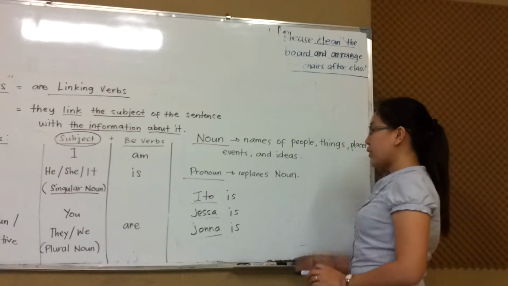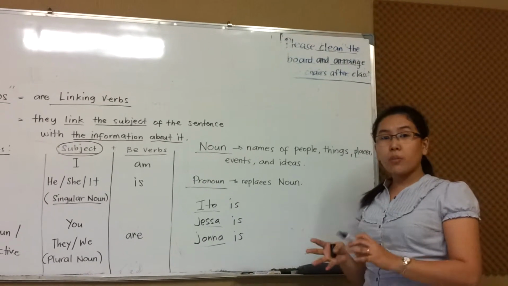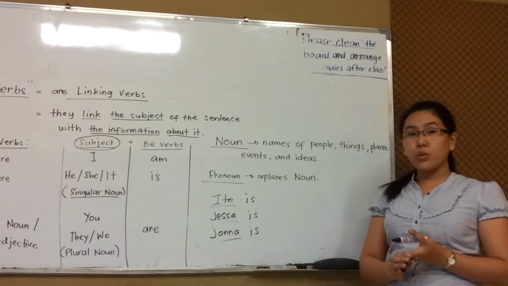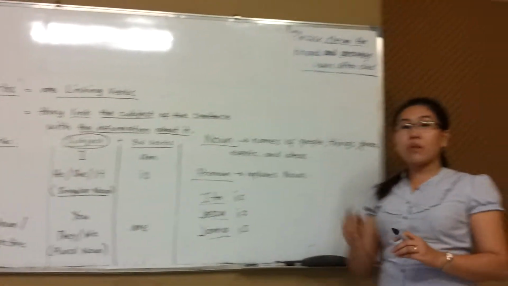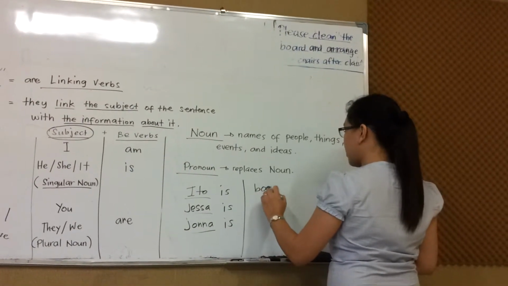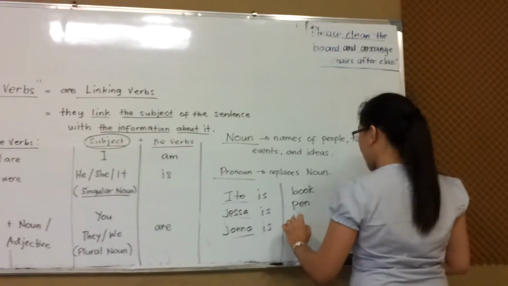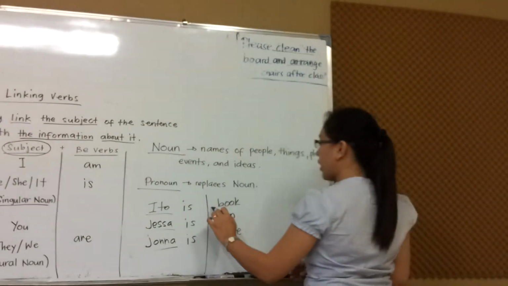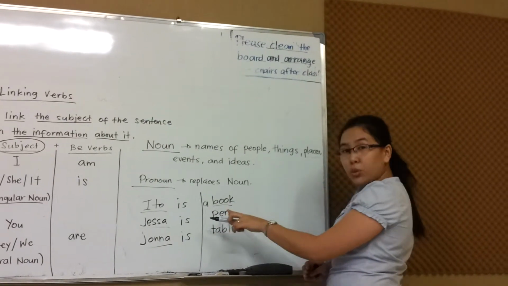Alright? So, next, if I use things, we talk about names of things. For example, books, chairs, notebooks, pens, and so on. So, let's use them one by one. For example, book, pen, table. Okay? So, we need a, and then book.